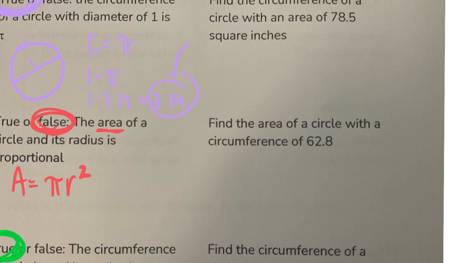The circumference. These next 3 are tricky questions, so I'm going to give you a little scaffold on how to actually solve these problems. We're finding the circumference and they give us the area.